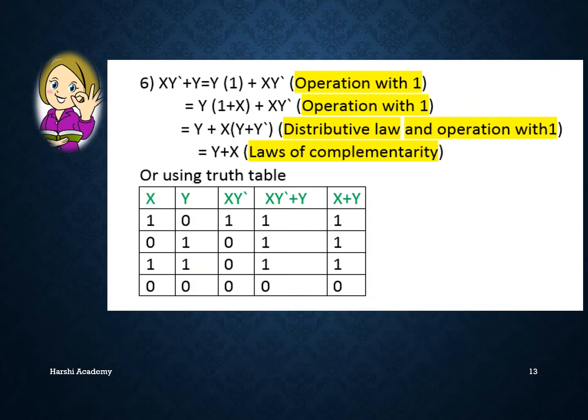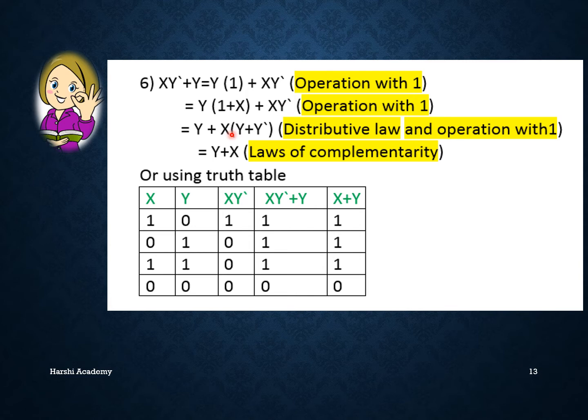Now I teach another example, theorem 6 in your homework. Using operation with 1, we can convert this to this form. Then with operation with 1, we know x plus 1 equal to 1. So 1 is replaced by x plus 1. Now we can multiply y dot 1, y, then yx plus xy bar.